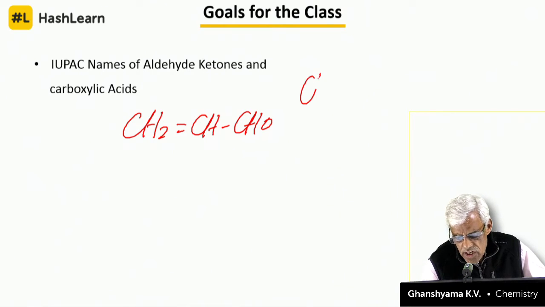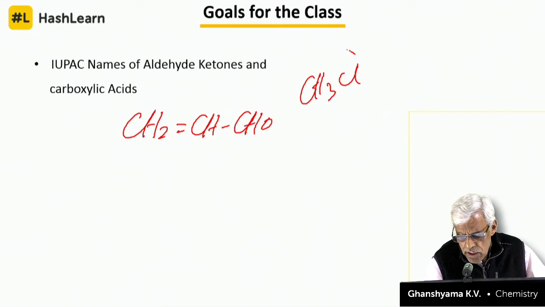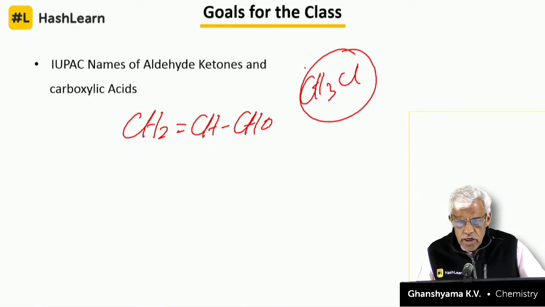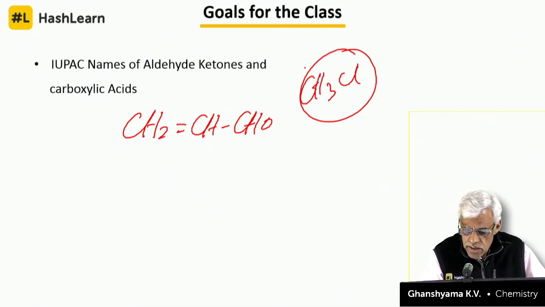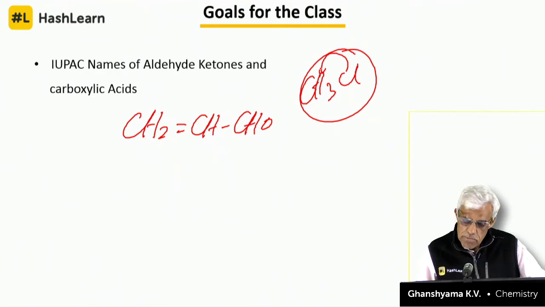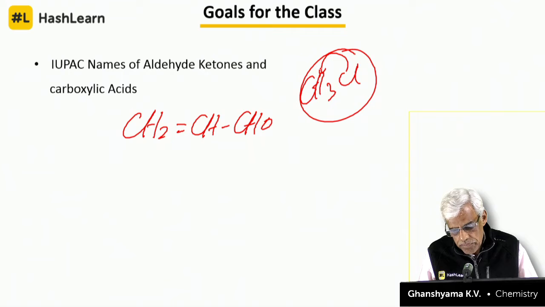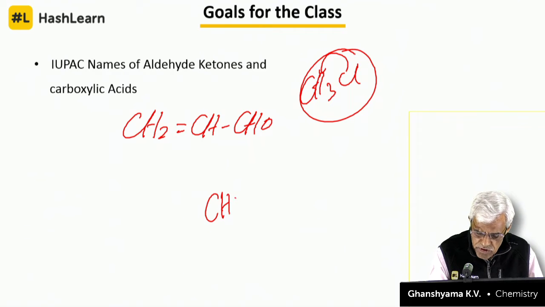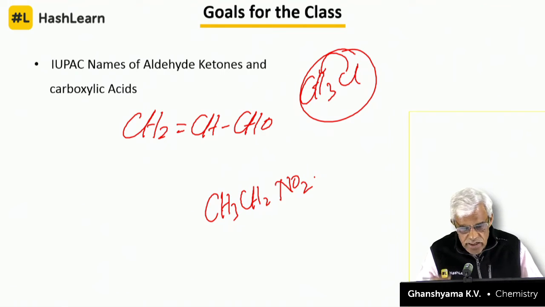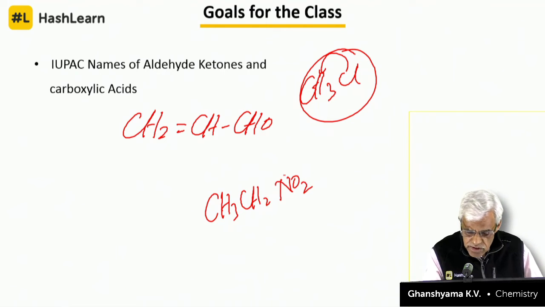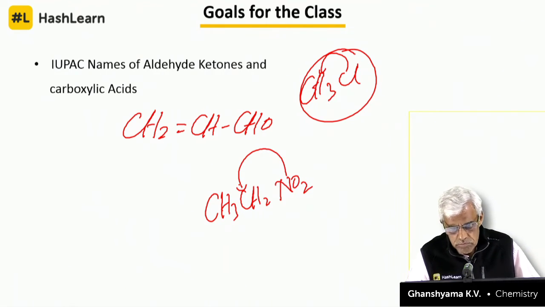See, CH3Cl is chloromethane. Here chlorine is not a functional group, it is a substituent. Therefore chlorine should come after the double bond or triple bond. Similarly, CH3CH2NO2 is nitroethane.